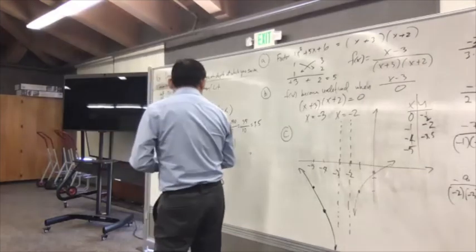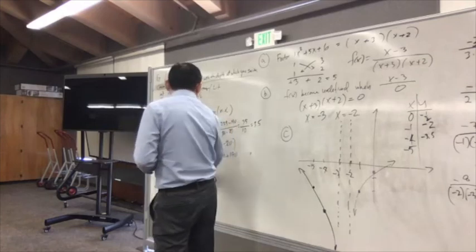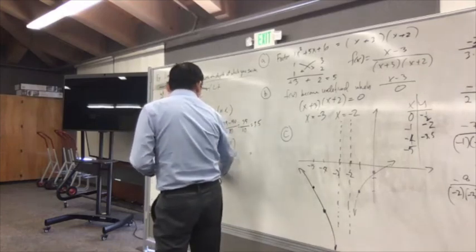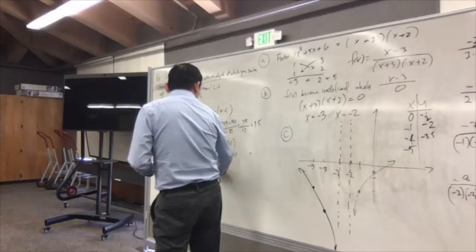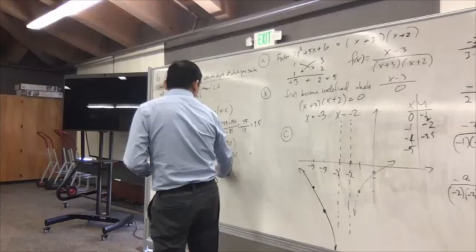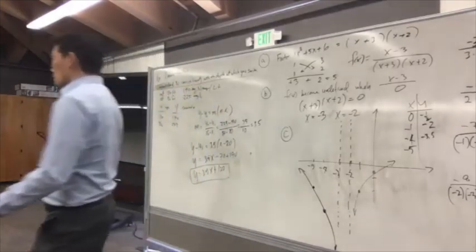It's 70, minus 70 plus 190. So then you got y is equal to 3.5x plus 120. So that's the equation you work with.